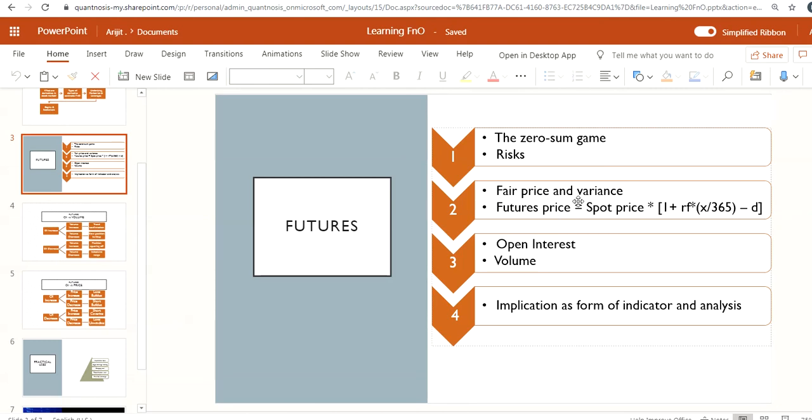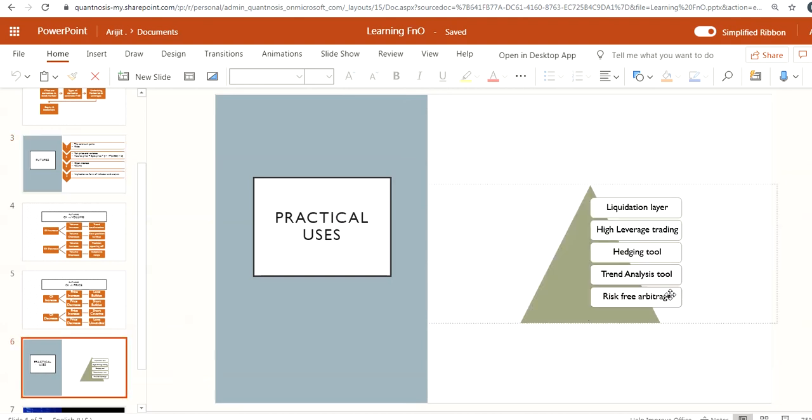For any such difference, you can buy the spot or sell the spot, and on the opposite side sell the future or buy the future at the same time with equal quantity, and that will lead to a zero-risk return. Though these returns are very little, and the margin required for buying the spot and the future at the same time is bigger, so the return on capital will be very low, it's a risk-free arbitrage that you can do. So these are some of the uses of futures.